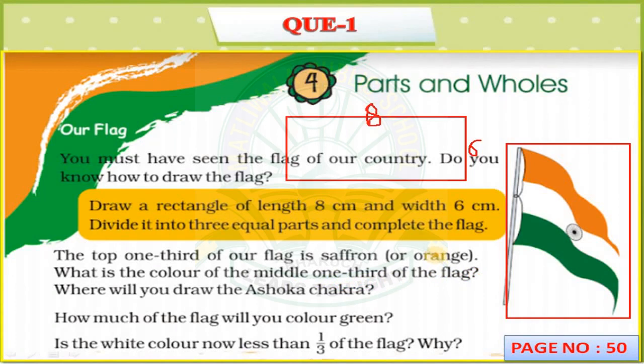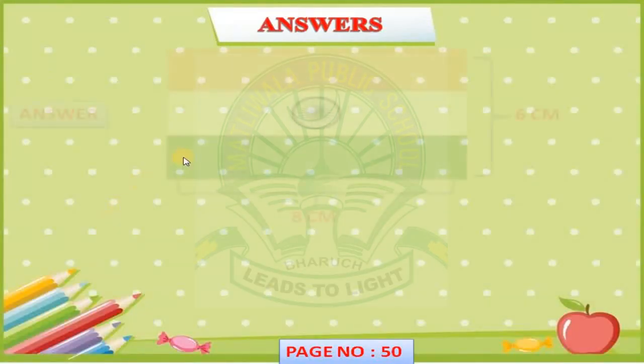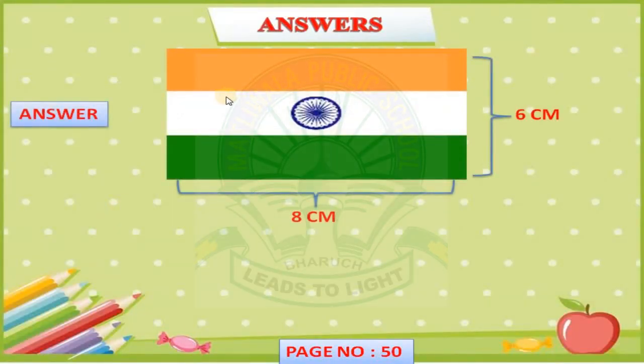So here, my dear students, we will move on to the second slide so you can understand better. Here I have drawn one flag, which is 6 centimeter width and 8 centimeter long.